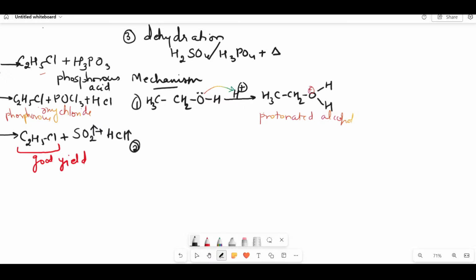In the second step, we will have the formation of carbocation. Carbocation will be formed, that is CH3, CH2. We already have this protonated alcohol.